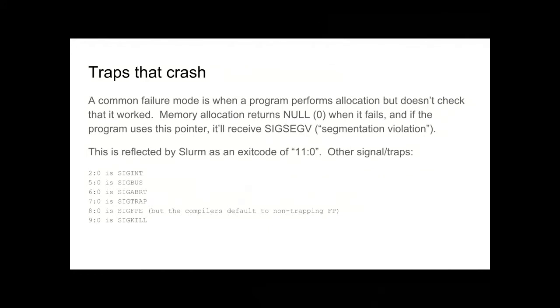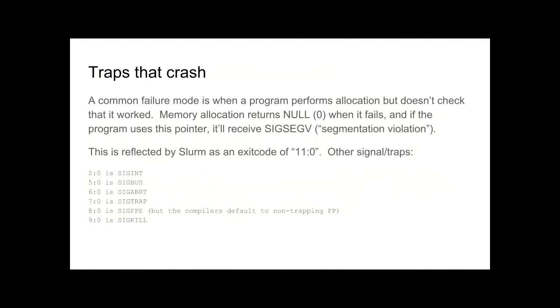SIGABRT is a system call, sort of a voluntary system call that you sometimes see being called by, for instance, the Fortran runtime, if it notices some sort of terminal problem, like maybe you're opening a file that doesn't exist. Depending on the language runtime in the program, it might call SIGABRT.